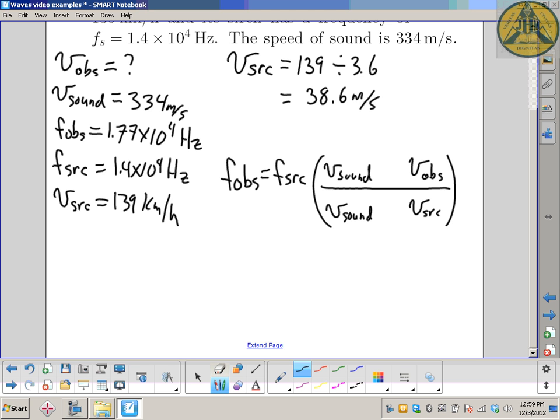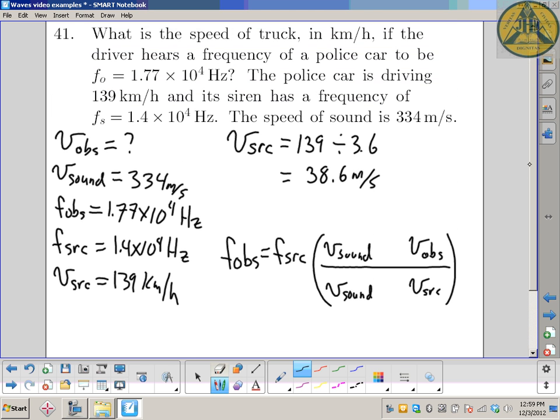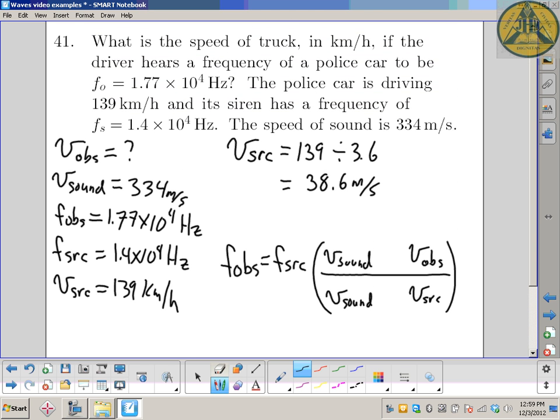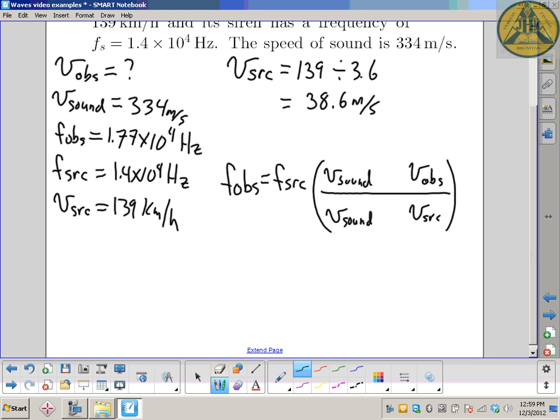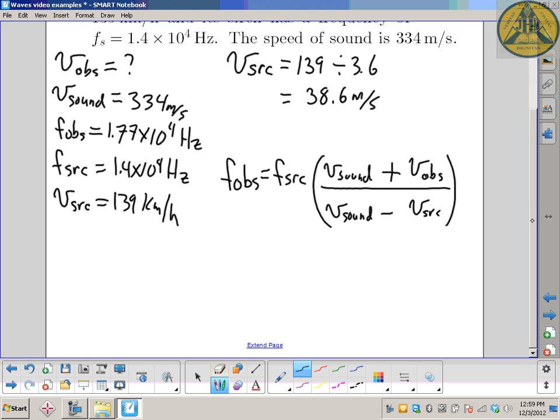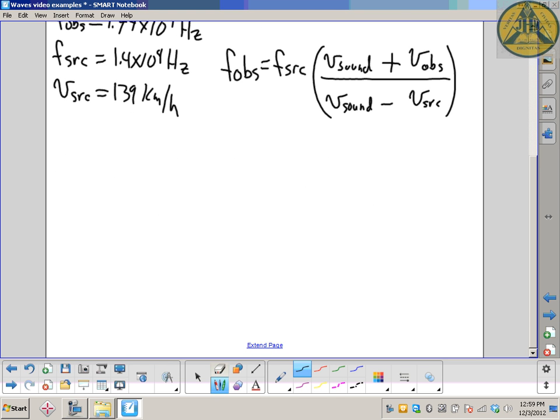The answer to what form of the equation you use lies in the observed frequency and the source frequency. The observed frequency is greater than the source frequency, which means these two objects have to be going together. So the equation becomes that: positive on the numerator and subtraction in the denominator. So now we can put our values in and be very careful with our mathematics. We'll be able to figure this problem out.